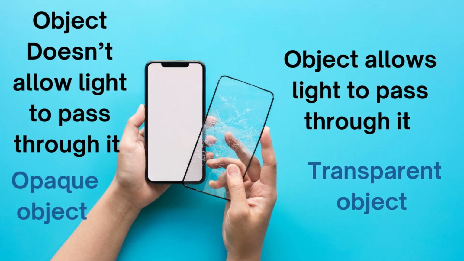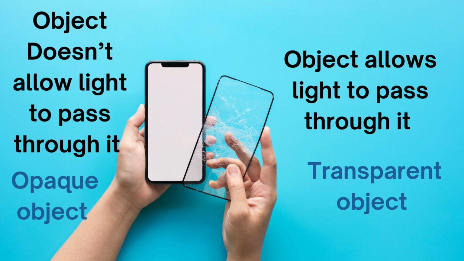The mobile is an object that doesn't allow light to pass through it, as we can't see through the mobile. But here, the screen is an object that allows light to pass through it. Yes, we can see the hand of the man.